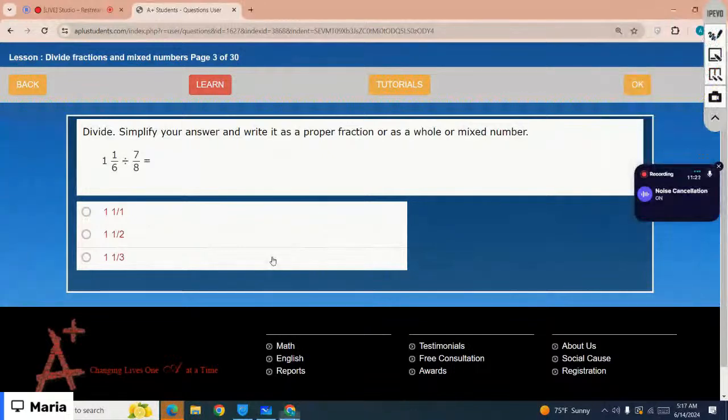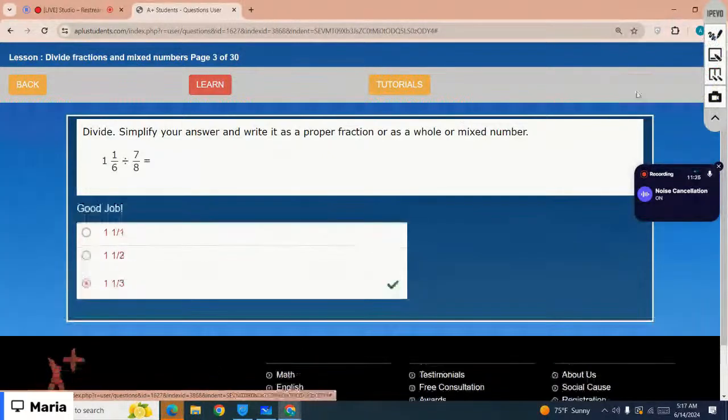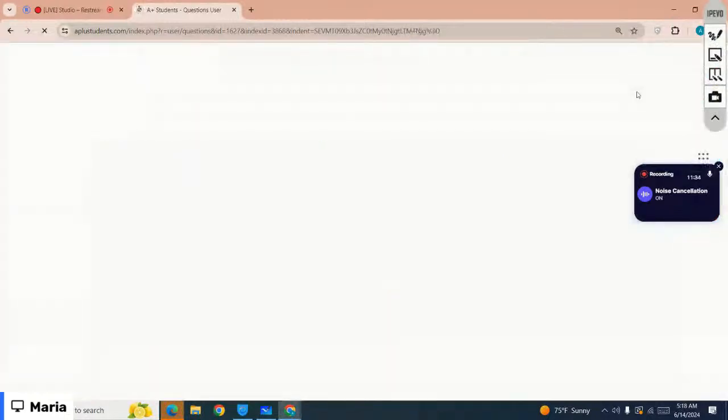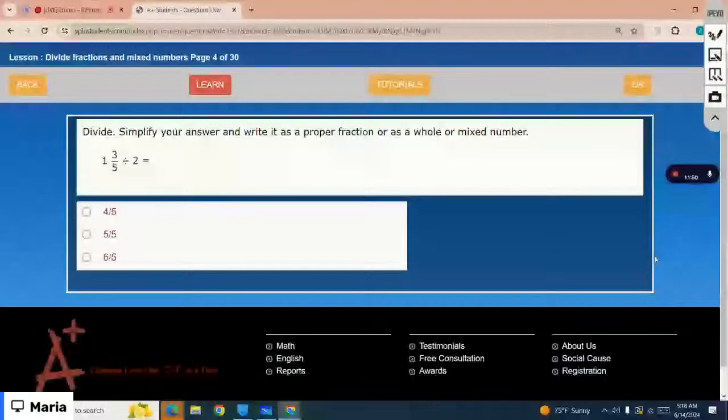Now the next one you have to do in your notebook and write the answer over here. The next one is 1 whole 3 by 5 divided by 2. Which is the correct option?